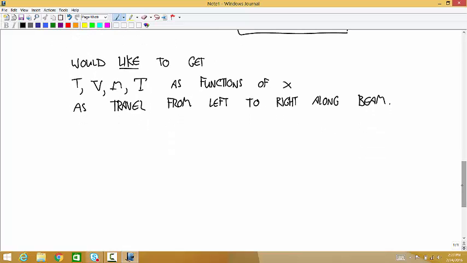So what we're going to do is the same thing that we just did. The calculation is exactly the same, but instead of choosing to make our cut 0.5 meter into the beam, we're going to take a cut at a general value x and do all of our calculations in terms of x. So it's the same approach.